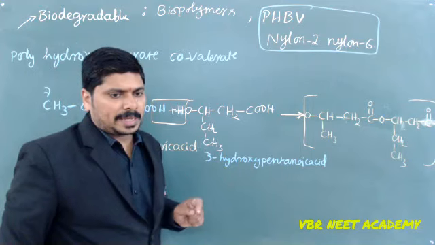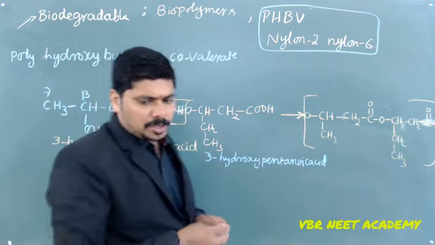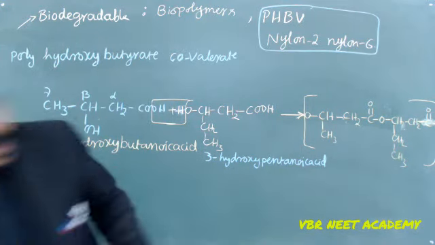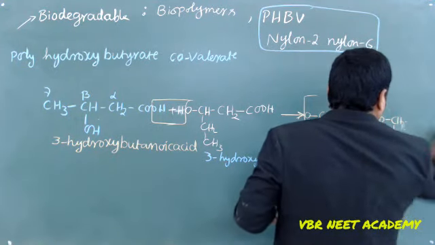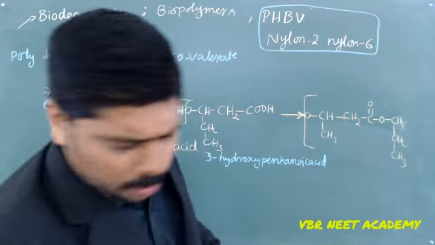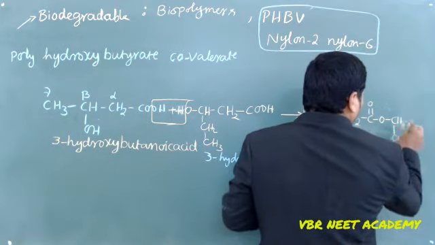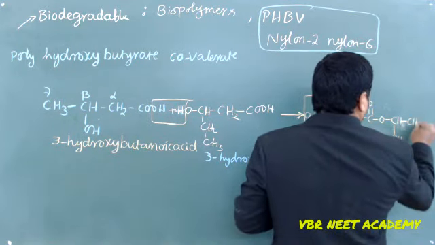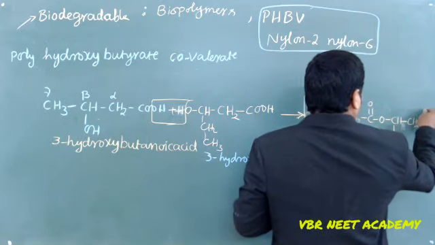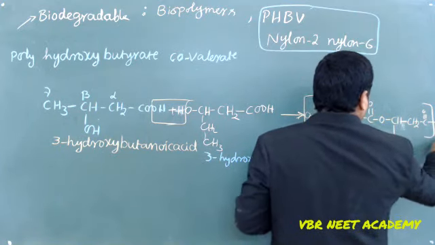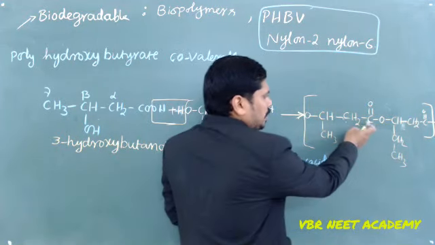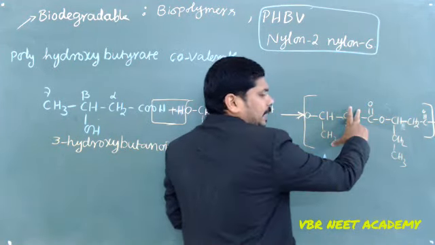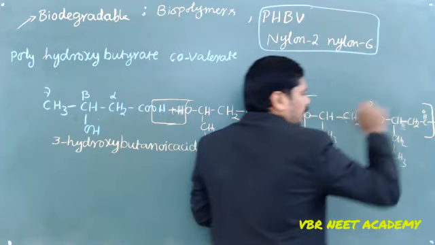This is the structure of the compound: I write one unit with an ethyl group and another with a methyl group, alternatively. See here, this part is butyric acid and this part is valeric acid.